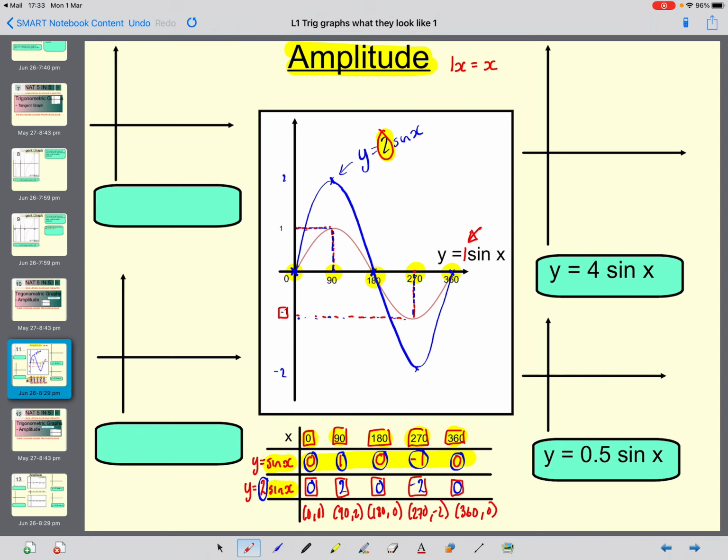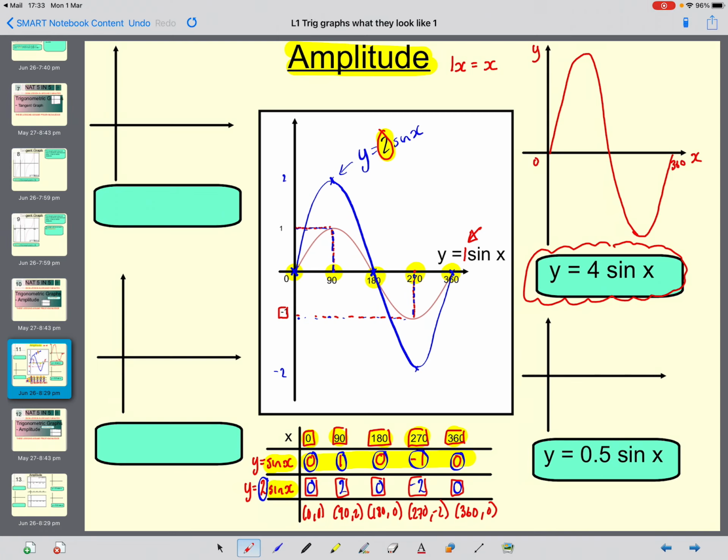So if I go over here and look at this one here, y equals 4 sine x, it's going to be stretched even further. Now, I'm just going to draw it here. So if I wanted to draw this, I would just draw the shape of a sine graph, and then we stretch it. Oops, it's a wee bit pointy there. It's just been stretched further. Your x-axis, y-axis, you know it starts at 0.